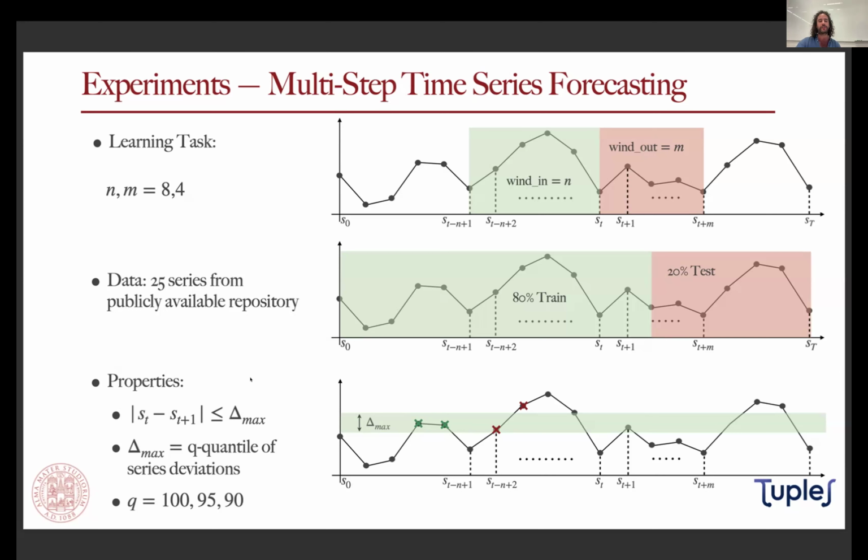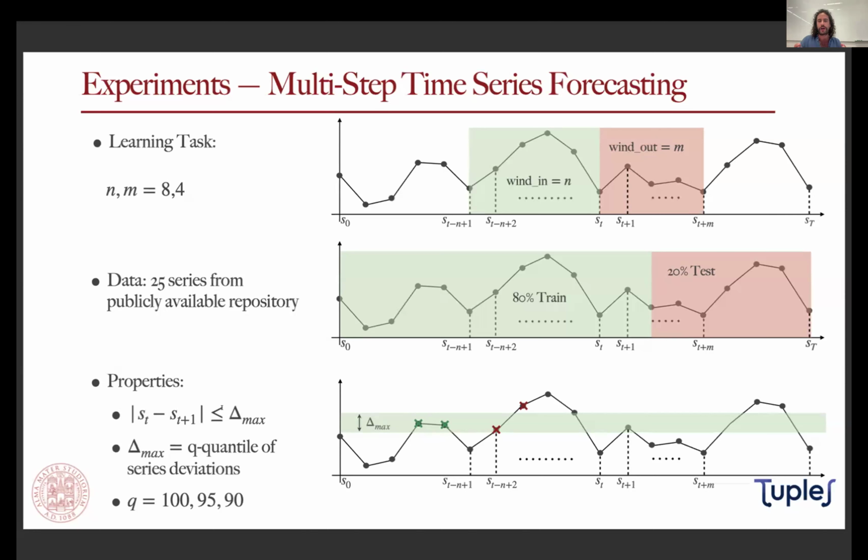And in this case, we enforce this kind of properties. So we, let's say, bound the difference, the divergence between 2 consecutive predictions, okay? So this is not a form of monotonicity. This maybe is more a form of stability, okay?